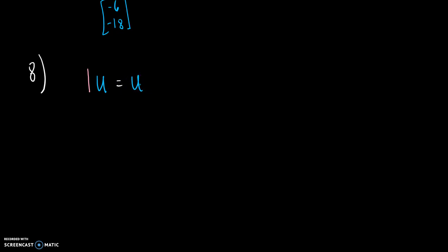So 1 times any vector is just equal to the vector. It's the same thing as when we multiply 1 times a number. That one's almost so trivial it doesn't even make sense to write it out, but I'll do it just because. And this is equal to (1, 3). It's just equal to itself.